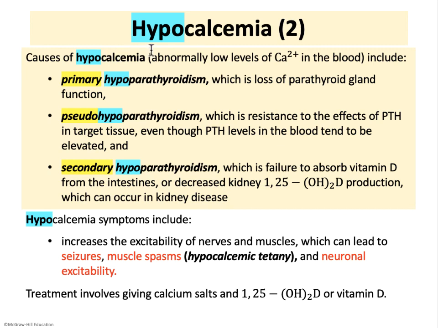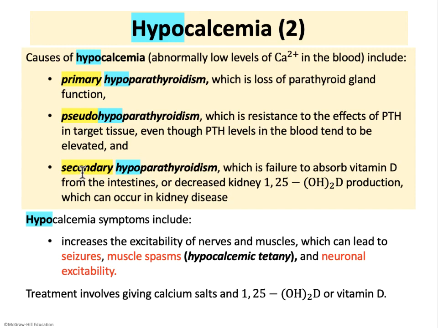Hypocalcemia, the lack of calcium in the blood, can be due to, again, a number of different causes: primary, pseudo, and secondary. So primary, again, let's guess it, something to do with the thyroid gland? Yes. Pseudohypoparathyroidism is the result of resistance to the effects of the hormone, parathyroid hormone, on target tissue, just like insulin in diabetes.